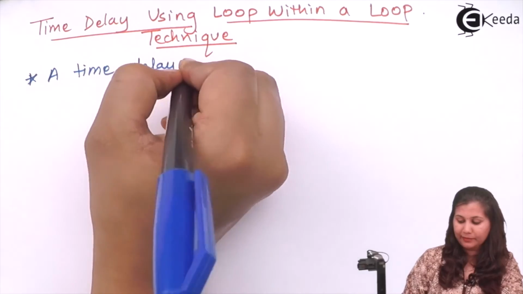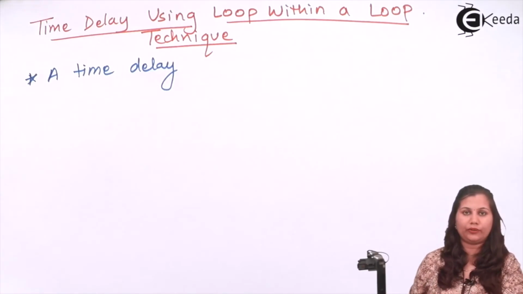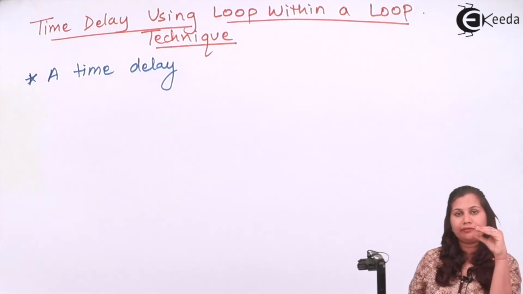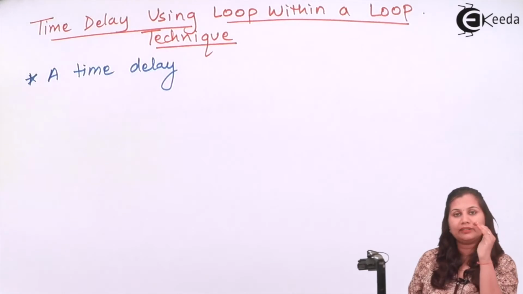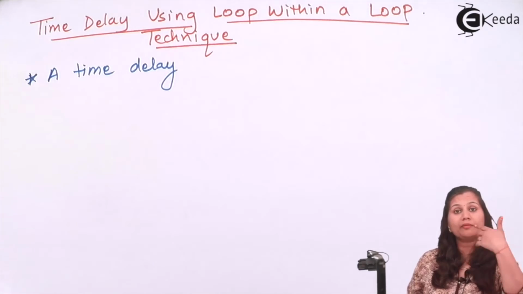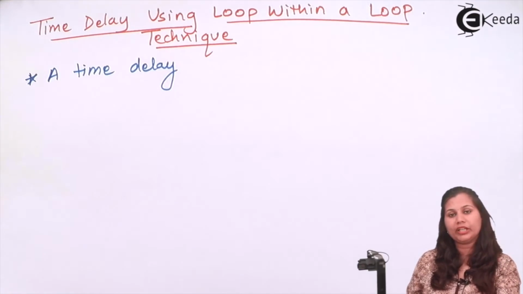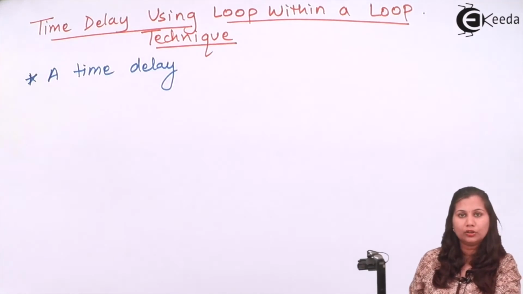These techniques can be used in increasing order of the time delay required. If we require less time delay, we can use time delay using a register. If we require more, we can use time delay using a register pair. If we require even more time delay, we can use this loop within a loop technique.